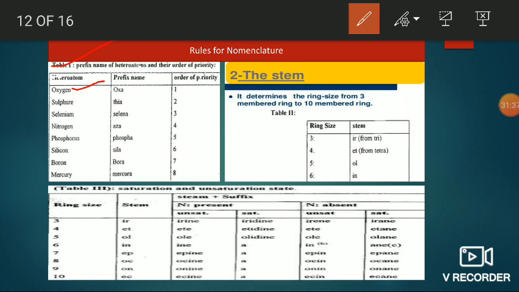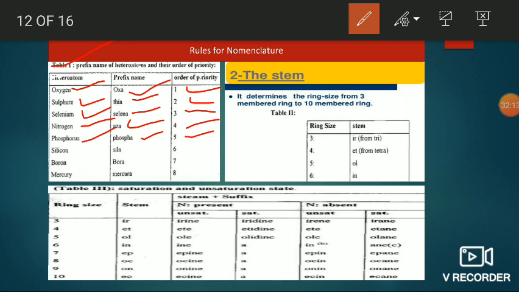If the heteroatom is oxygen, then the prefix name is oxa. Oxygen gets first priority. If there is sulfur, the prefix name is thia. The order is second. If there is selenium, the prefix name is selena. It gets third priority. If there is nitrogen, the prefix name is aza. It gets fourth priority. If there is phosphorus, the prefix name is phospha.